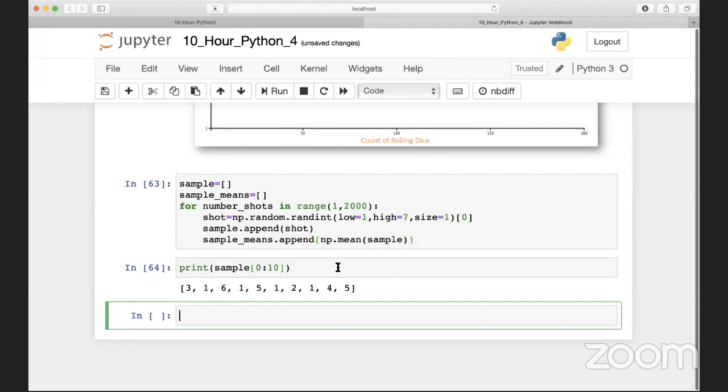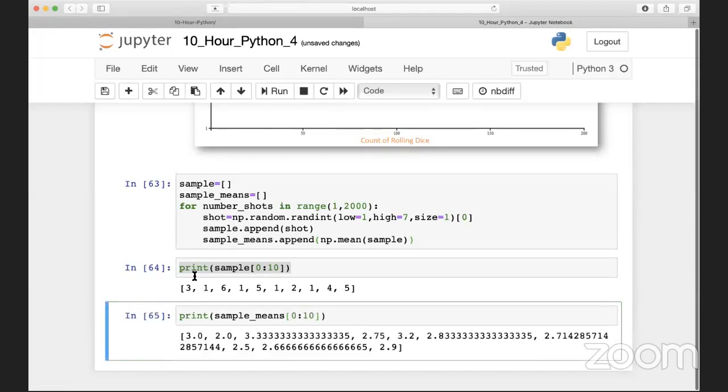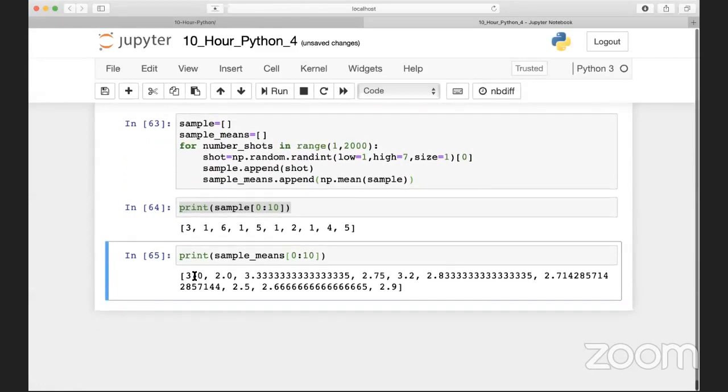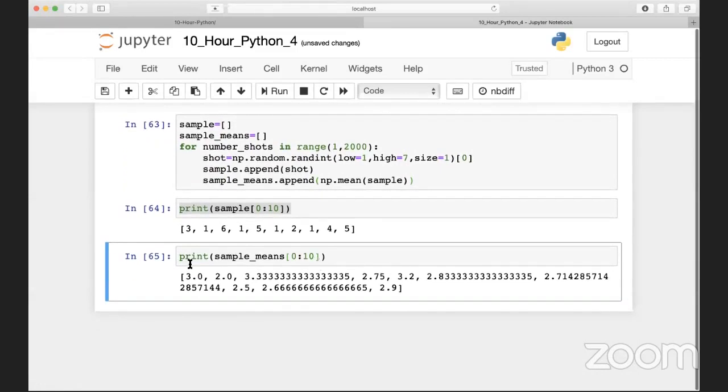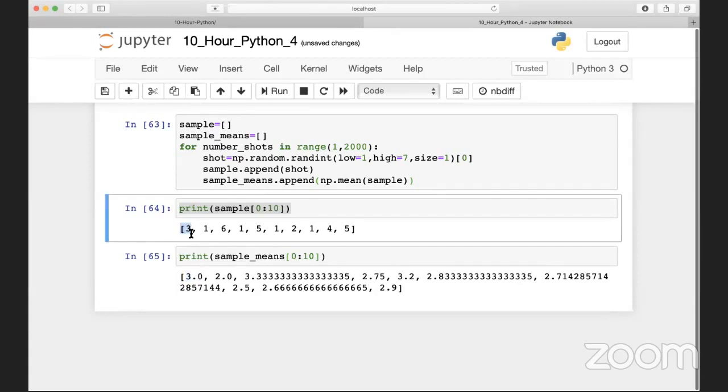What are the means of this? Let me calculate it. Sample, we calculated before actually. sample_means, first 10 observations. Okay. So here for the 10 observations, the mean is 3 because this is the first trial. I get 3. That's why the mean is 3.